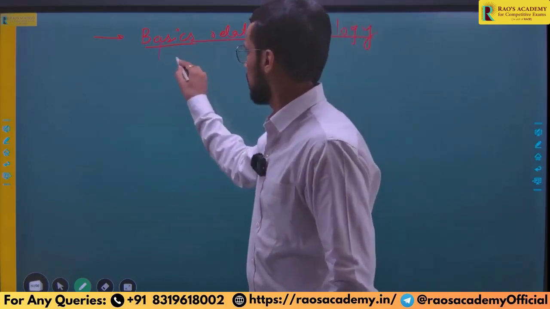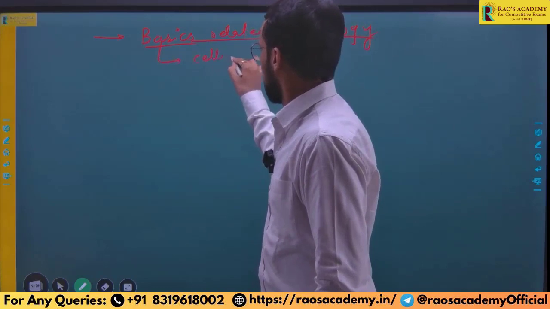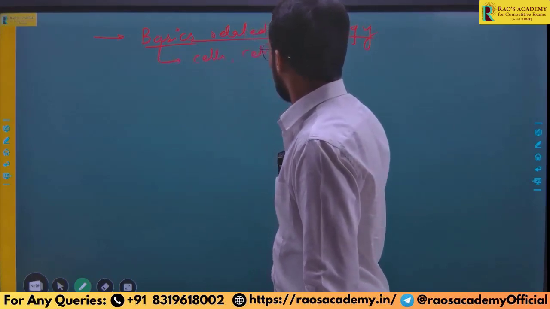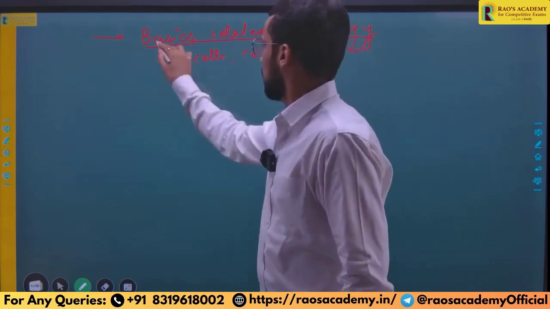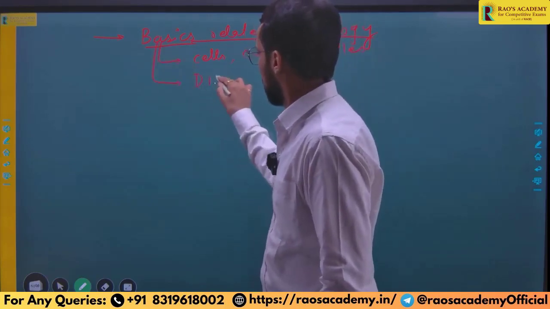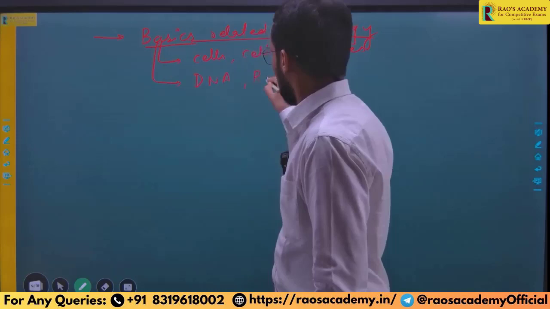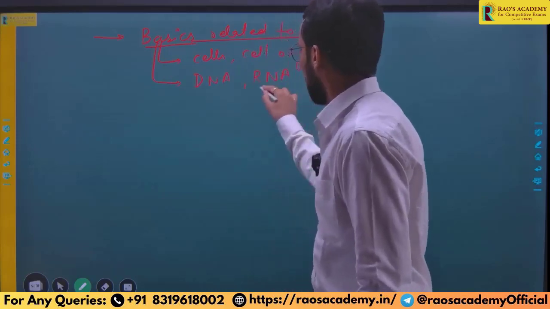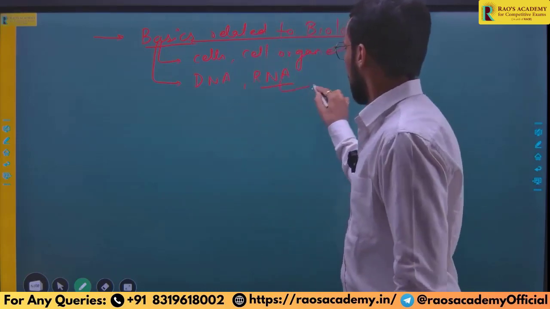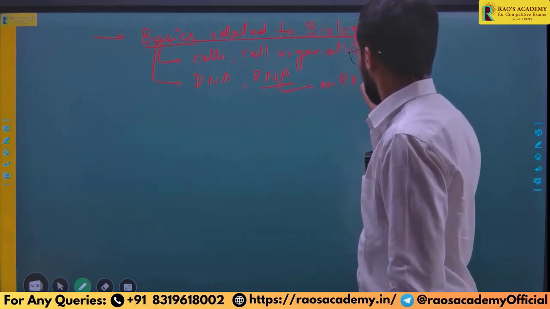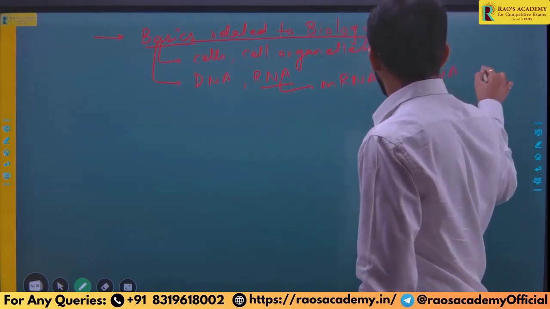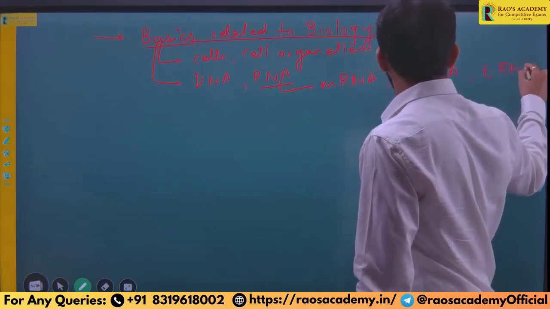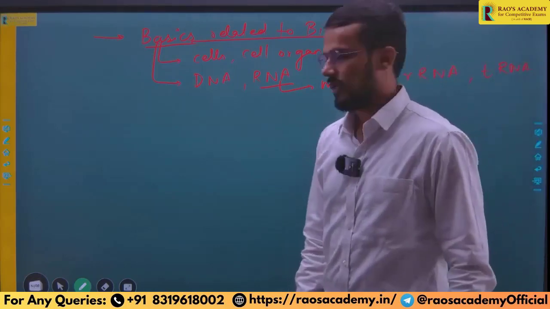So under basics: cells, cell organelles, then DNA, RNA, different types of RNA, that is mRNA. What is the function of mRNA, rRNA, tRNA? These things you should be aware of, right?